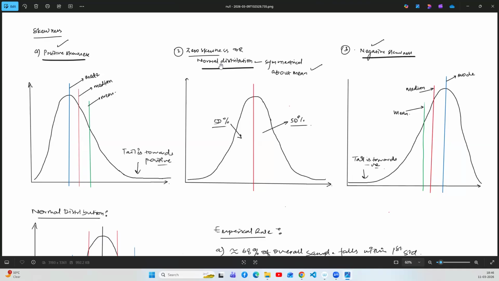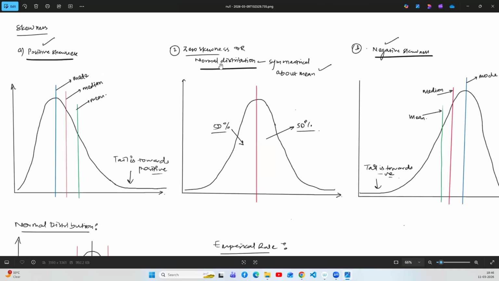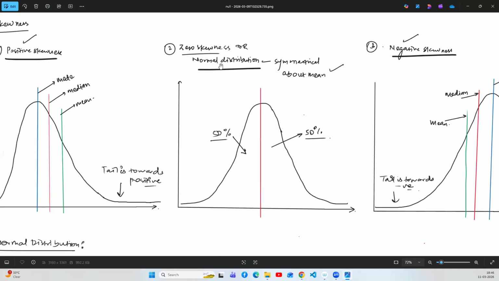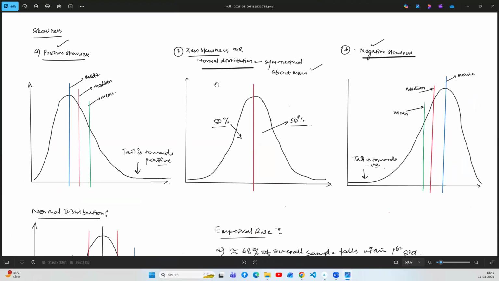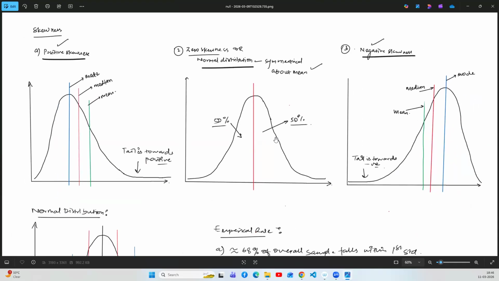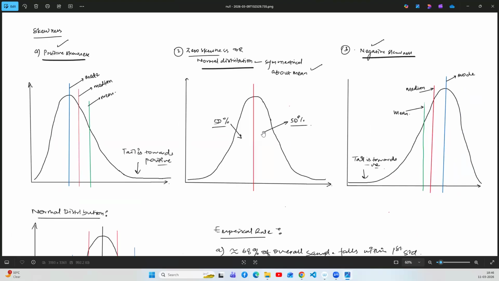Next is normal distribution, which is symmetrical about the mean. In a normal distribution scenario, you can clearly see that 50% of the data is on the left-hand side, and 50% of the data is on the right-hand side.